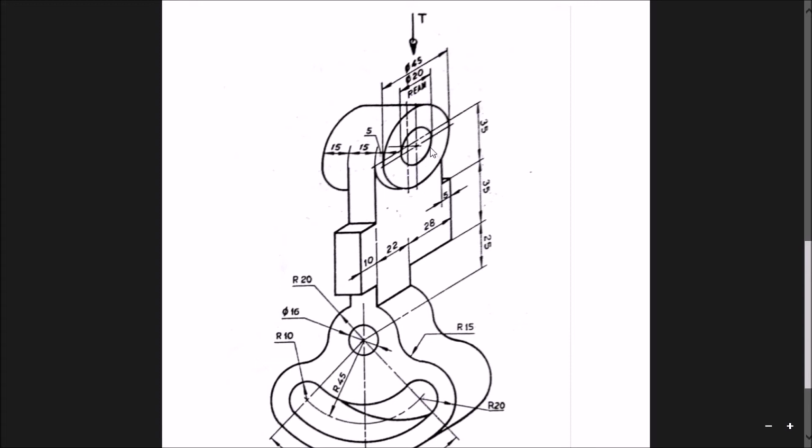So here you can see this center axis has a distance from this edge of 35, and the outer one has a value of 45, and the inner one has a radius of 10. And here also you can see this outer part has a thickness of 5, and the other has a thickness of.